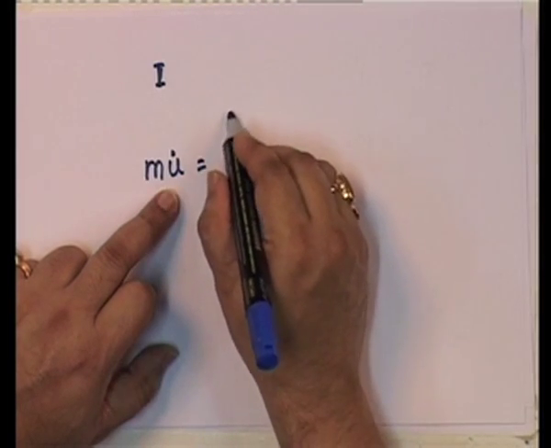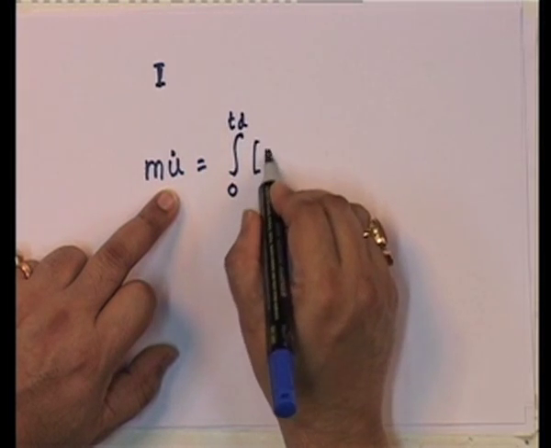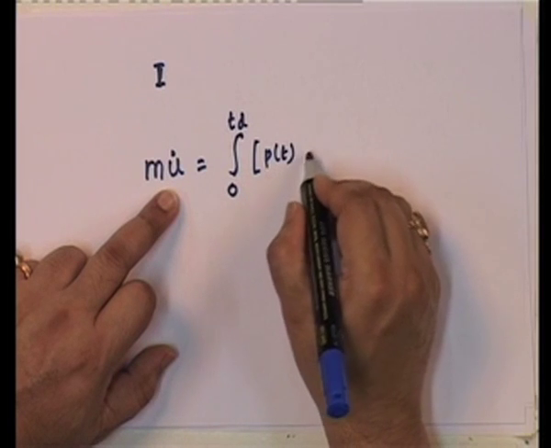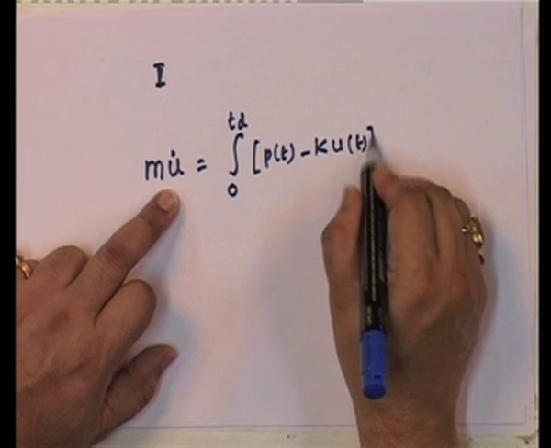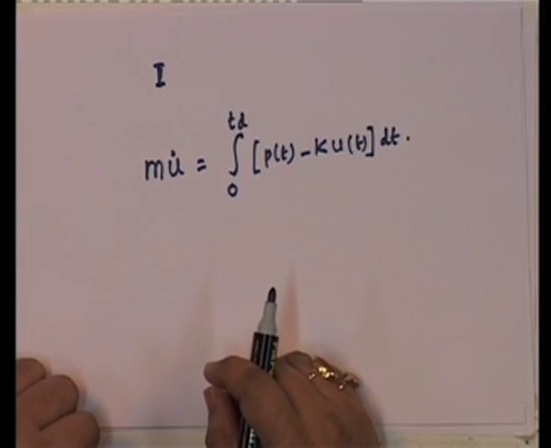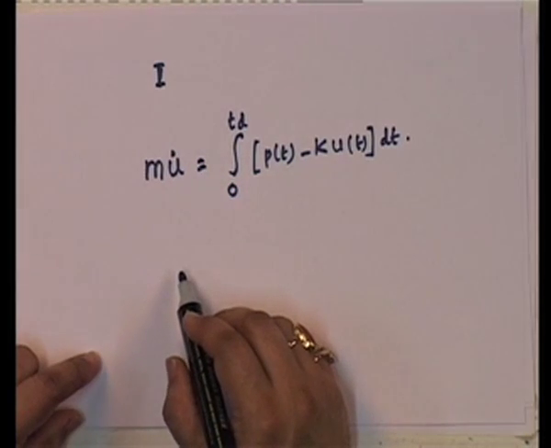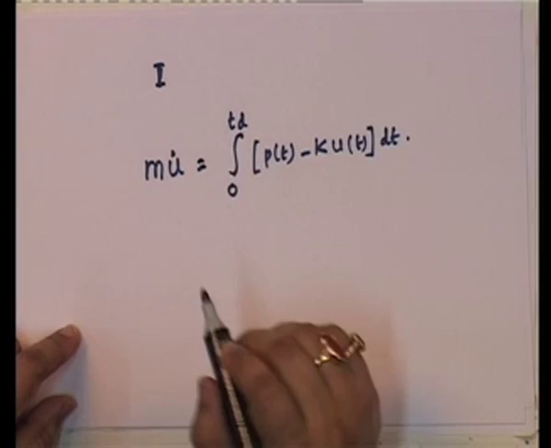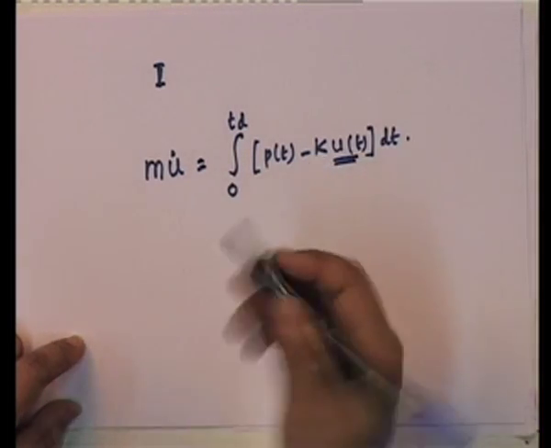the integral from 0 to Td of the net force, right. So, the net force is P(t) minus k u(t), dt. Now, if you have a very short duration load, u(t) practically is 0.